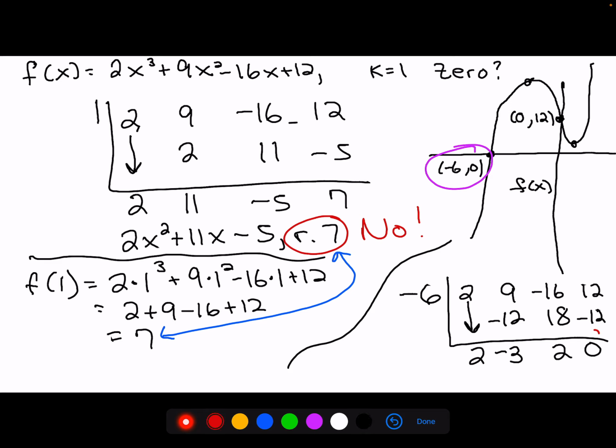And there it is. Yay, it worked. That's exactly what we would expect. Or if you evaluated the function at negative 6 and did it that way, you'd also get 0. And that's exactly what we expect.